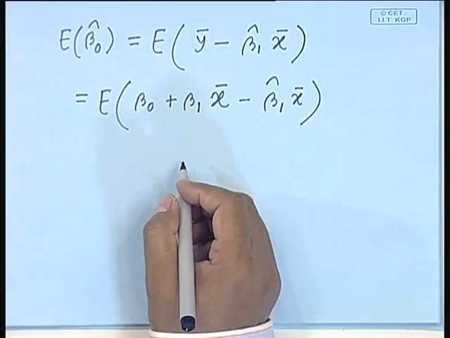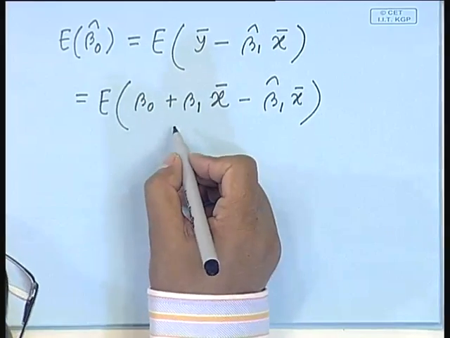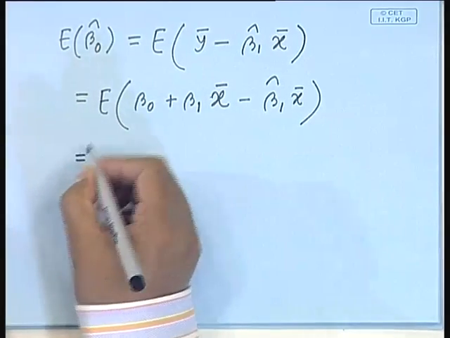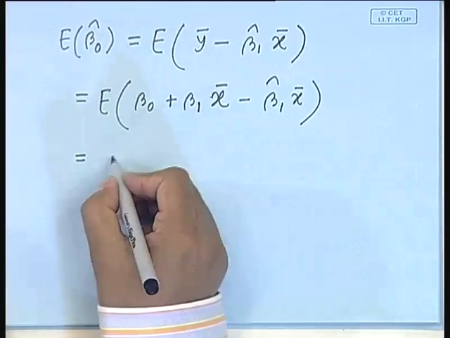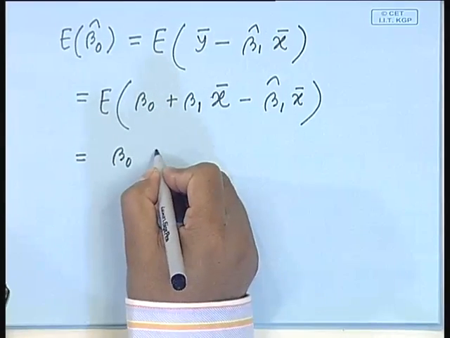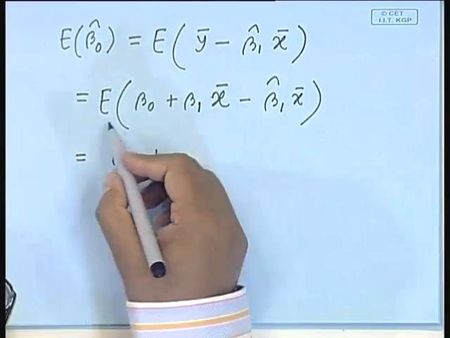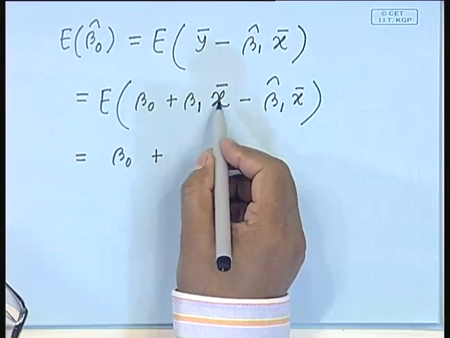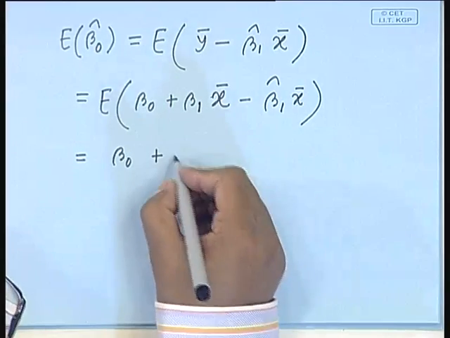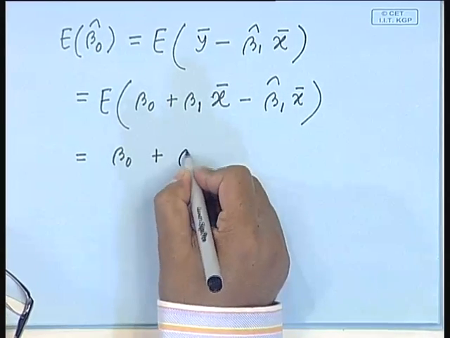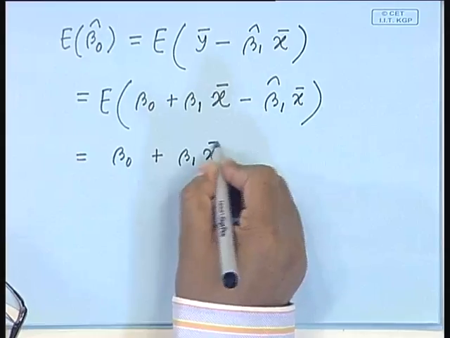So this is equal to expectation of beta naught, which is beta naught, plus expectation of beta 1 x bar, which is beta 1 x bar.